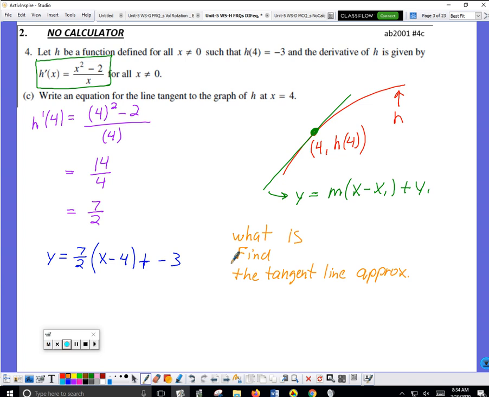So they'll start out the question by saying something like, what is or find? Then they'll say the tangent line approximation, or they'll say, what are the words that they use? Local linear approximation?